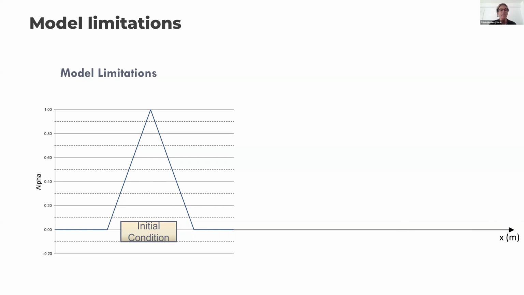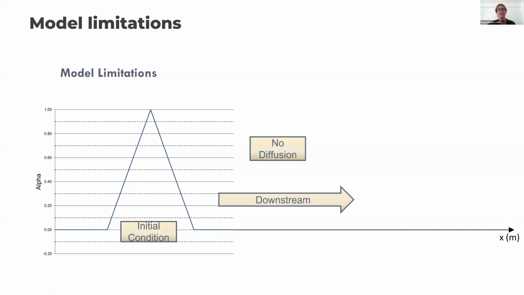And imagine that your model doesn't have diffusion, okay? I know in reality, we always have diffusion, but in the model, we can just nullify the diffusion term of the equations, and we get a model without diffusion, okay? So we can play with that in the model.